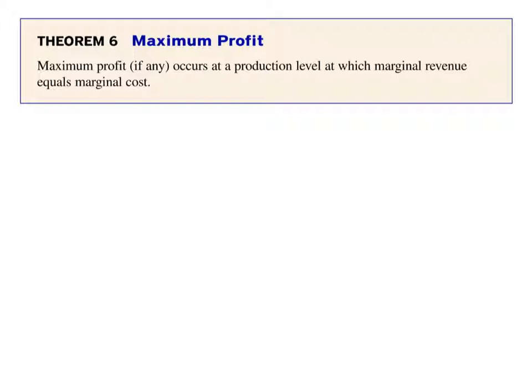If we know that profit is equal to revenue minus the cost, so profit is whatever money you bring in minus the cost that it costs to produce whatever it is you're producing. That gives you the profit that you make.